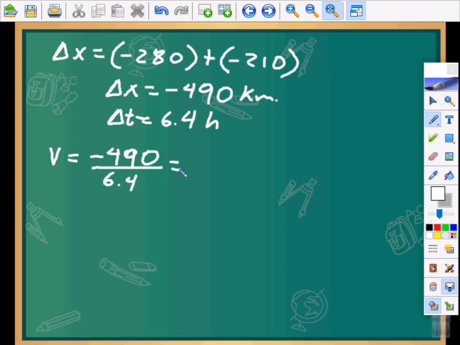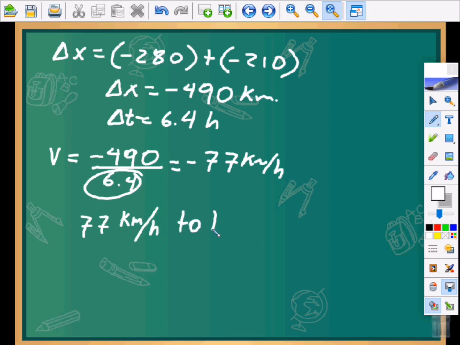If you make your division here, in two significant figures it is negative 77 kilometers per hour. Because it's negative, we can say that it's 77 kilometers per hour to the south. And that would be your answer for this exercise.